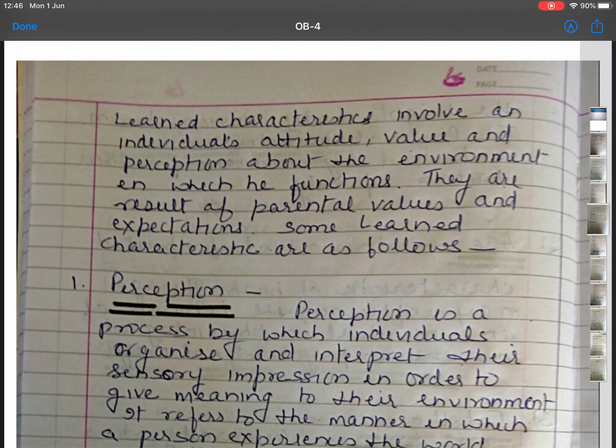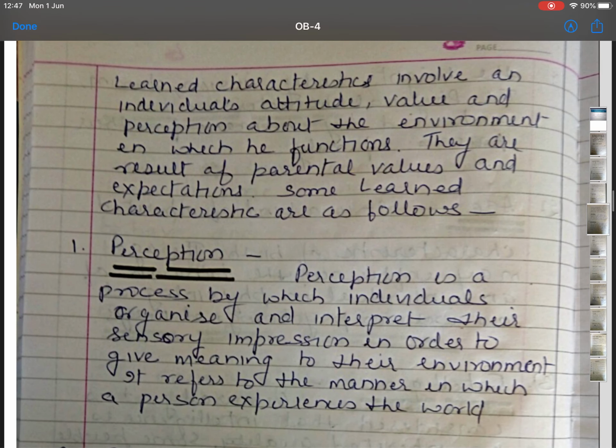The children learn the need and value of being honest and truthful, and values of love and affection, from the family environment. So if the parents are always fighting, then the children will not have very good values in them. Then children will lack trust or affection.